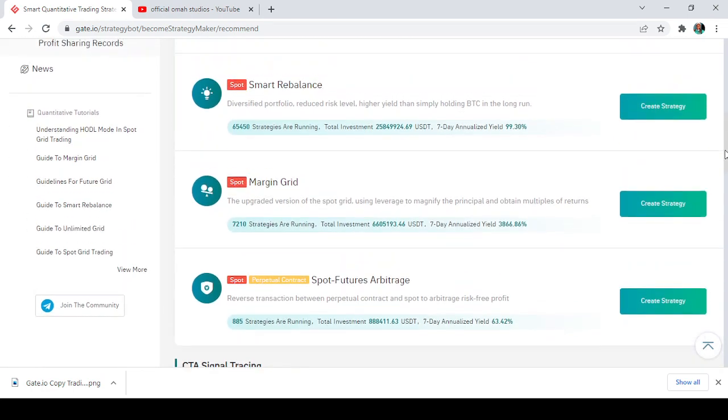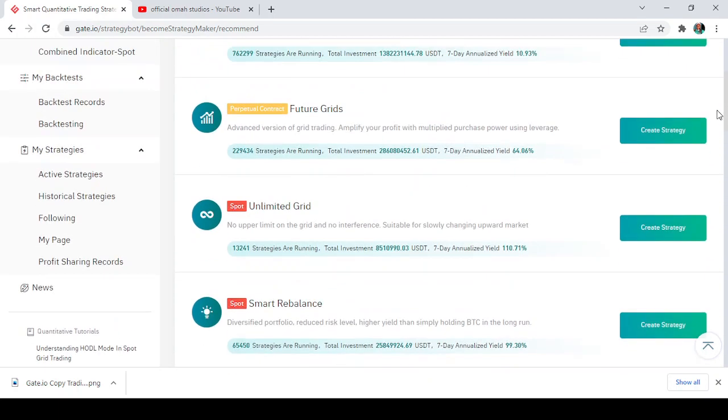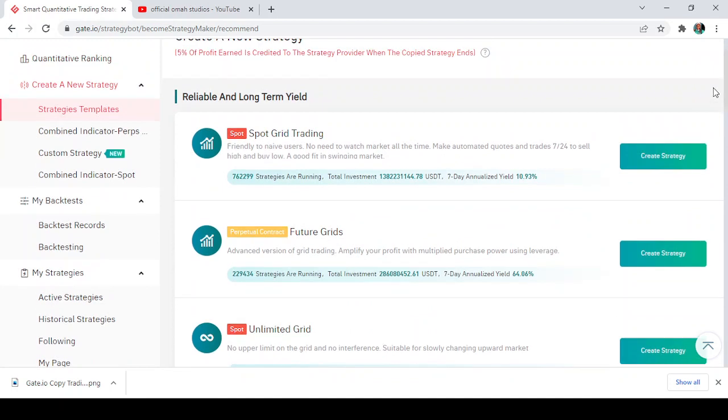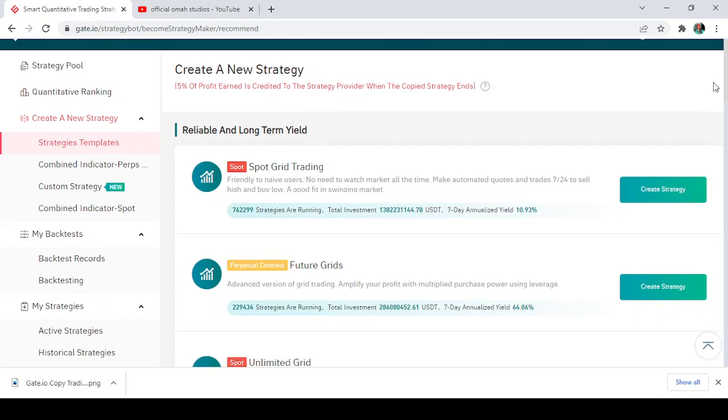But smart rebalance, margin grid, and spot futures arbitrage are more like long-term yield. That is why I say, however the case, you still get to earn, if you copy the right trade. So guys, this is just a brief explanation of the reliable and long-term yield strategies on Gate.io copy trading strategies.